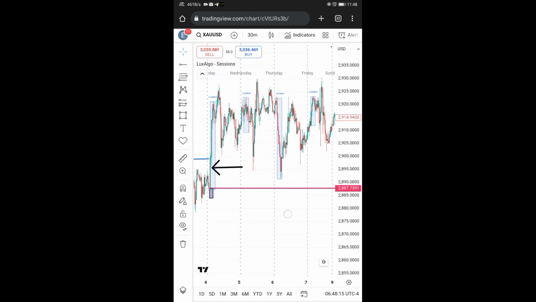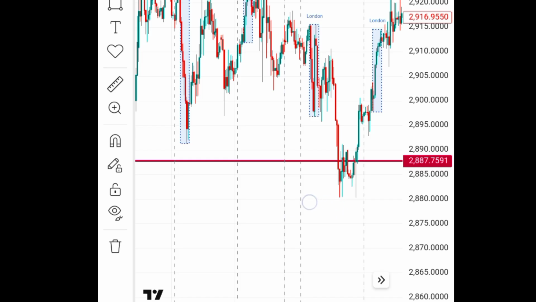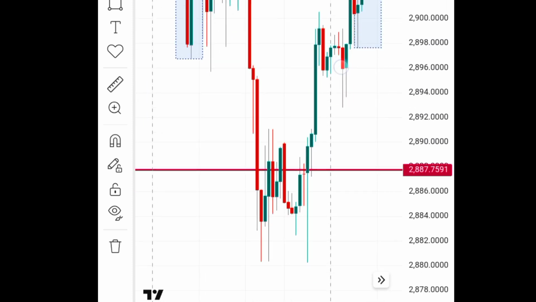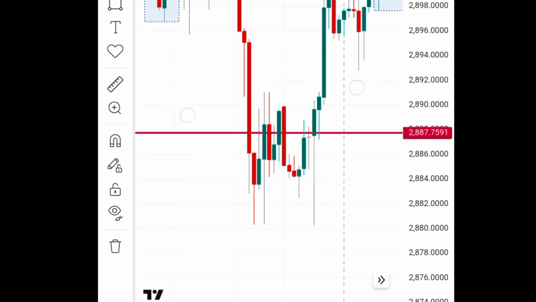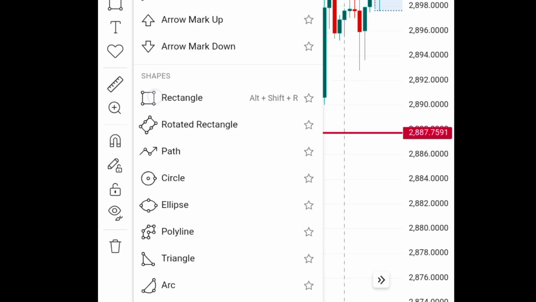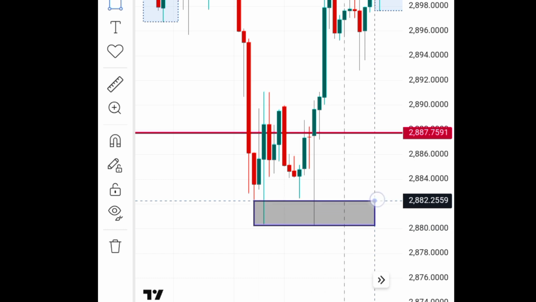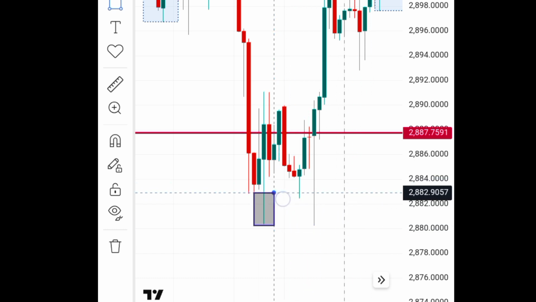Then I'll wait for the market to come inside that zone. Let's check. Okay, as we can see, the market finally came into this zone. You see, this is the line that I drew. Upon this market coming inside this zone, it is for us now to move to our 5 minutes or 3 minutes. Let's move to 5 minutes and look for entry.